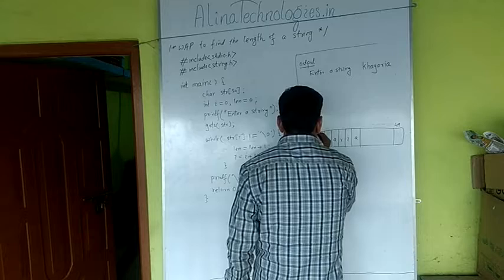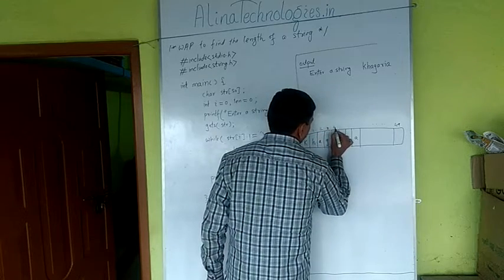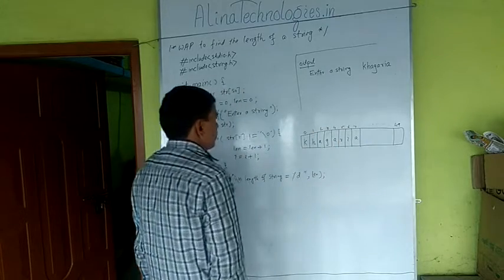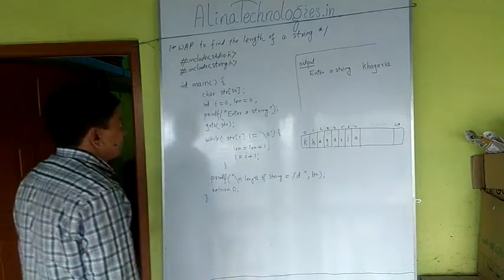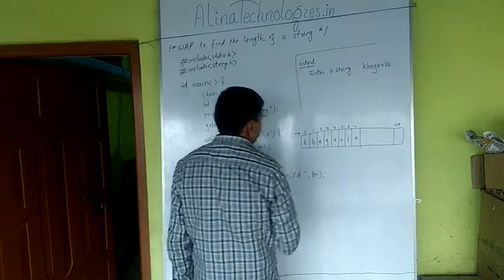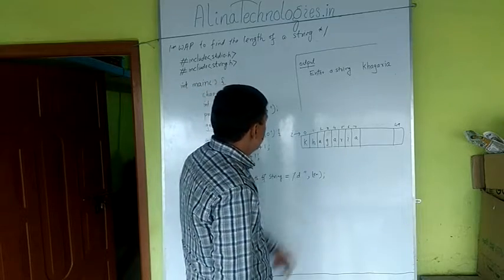Zero index, first index, second index, third index, fourth, fifth, sixth, seventh index. Index represents the value of i: the value of i is 0, 1, 2, 3.